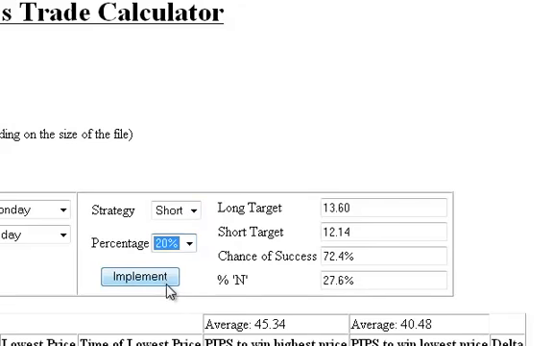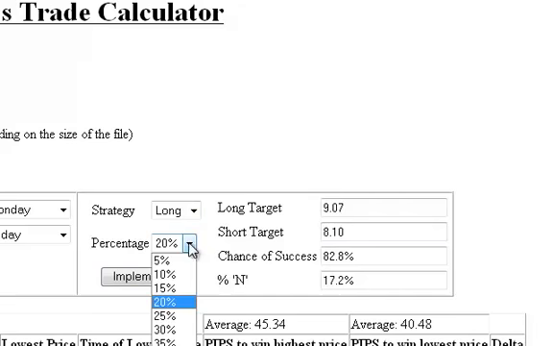Let's see if we change that to a 20. That gives us an 82. So we can go for 8 on a short, and on the long we're going to go for 13. We could make our own guesses here and try to go for 10 on each of them, but I think 8 on the short and 13 on the long is completely appropriate.